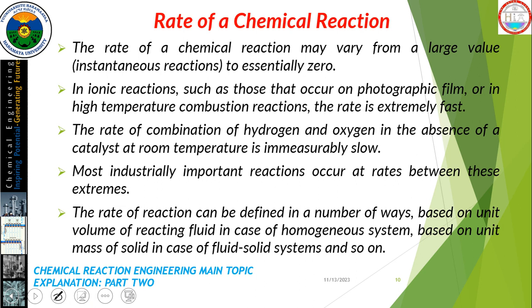Most industrially important reactions occur at rates between these extremes, which means one extreme is a slow reaction, the rate determining step, and the other is an extremely fast rate of reaction. The rate of reaction can be defined in a number of ways. Normally, we can define the rate of reaction in a number of ways for homogeneous reactions.